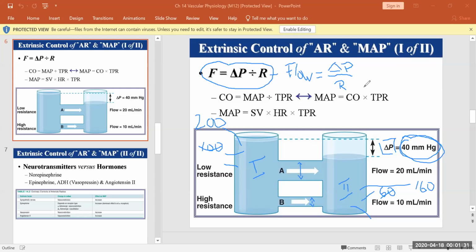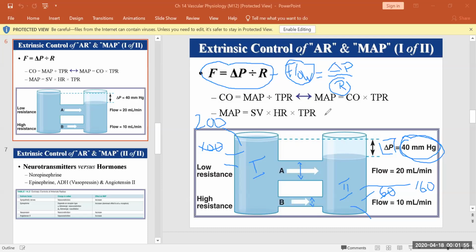The relationship between the resistance and flow is, I forgot how to say this, inversely proportional. So the higher the resistance, the lower the flow. Okay? So flow is dependent on two factors.